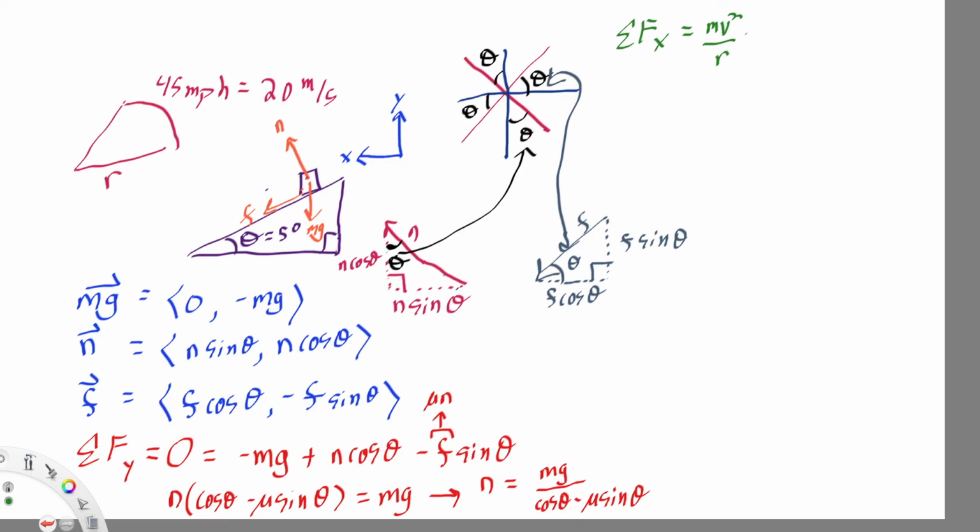And the forces we have in the x direction are n sine theta and we have f cosine theta there, but I'm going to replace the f with mu n, just like we did in the last step. So mu n cosine theta. All right, I'm going to replace both of these n's with what we got from the y direction.